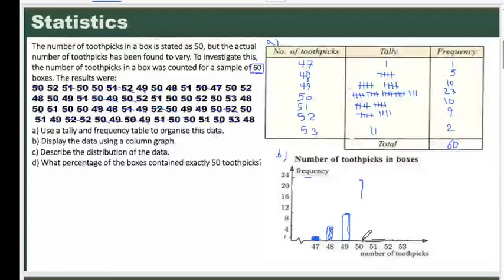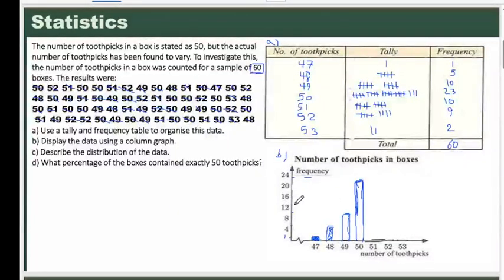So I try to draw a line here. And for 51, it's 10.